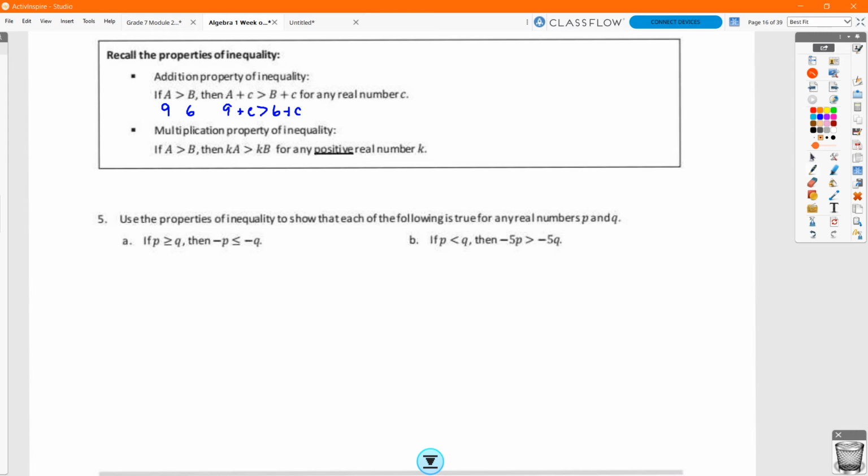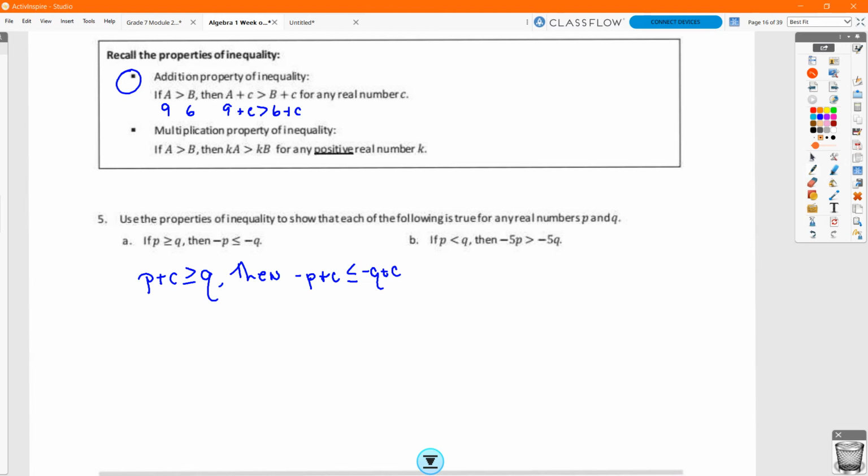So, to prove this, we're going to rewrite it as the addition property of inequality. If P plus C is greater than or equal to Q, then a negative P plus C has to be less than or equal to a negative Q plus C. Now how do we prove this?